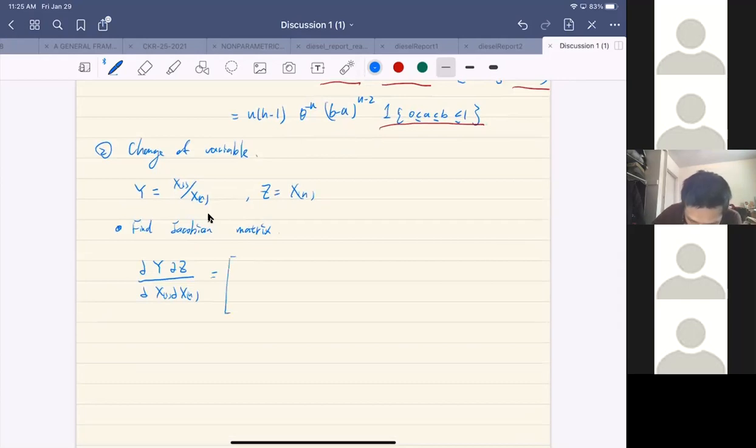From the definition, the first one is the partial derivative of y with respect to s1, so it should be 1 over Sn. And the second component is negative S1 over Sn squared.